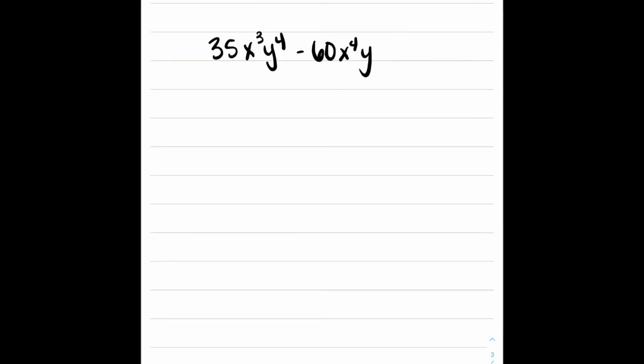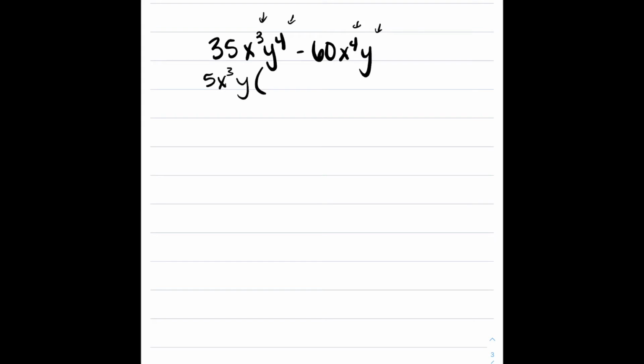Okay, so I first want to see, do I have a GCF? Is there something I can factor out of both of these pieces? Well, I can take a 5 out of 35 and 60. I have x's in both pieces, and here I've got 3 and here I've got 4, so that means I can take 3 out. And I've got a y in both pieces. Here I have 4 and here I have 1, so I can take 1 out.